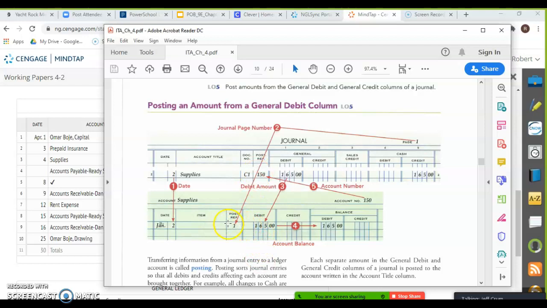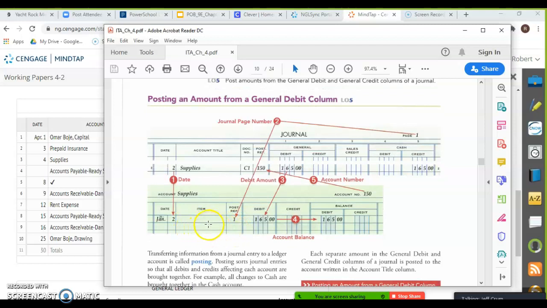If you just pick up a ledger to check on an account's progress, for any kind of entry that's in the ledger, you should see a posting reference number there showing what page of the journal that transaction's from. So that you can go to the journal, and especially if you're a big company, you're going to have many pages in the journals.